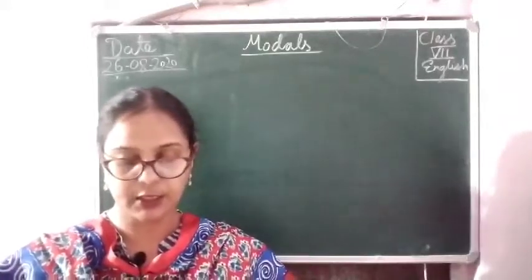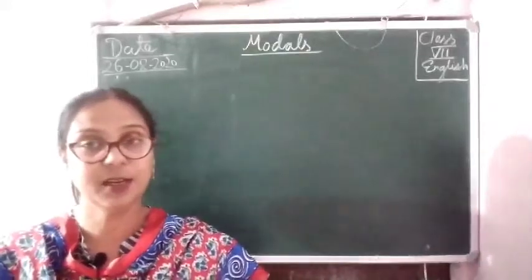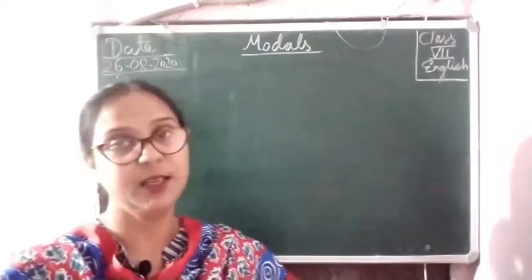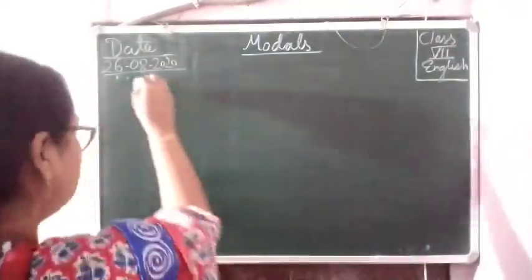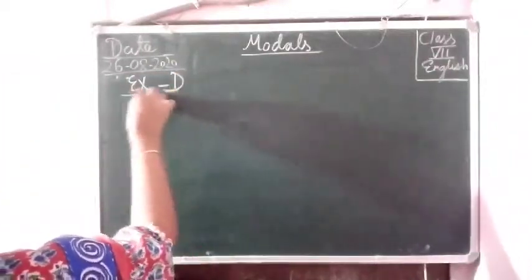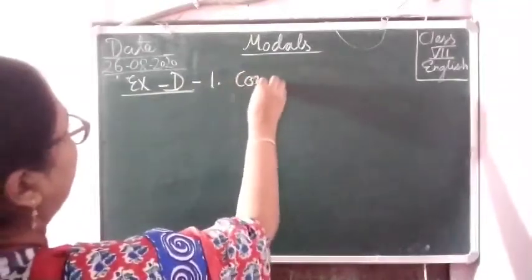General possibility in the past. So general possibility, which we have seen in could. So we are going to write could. In one we are going to fill could.